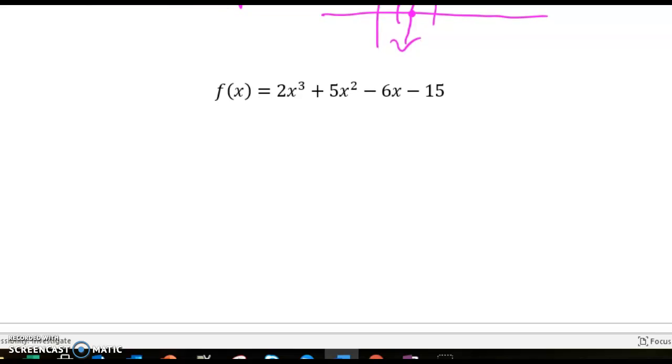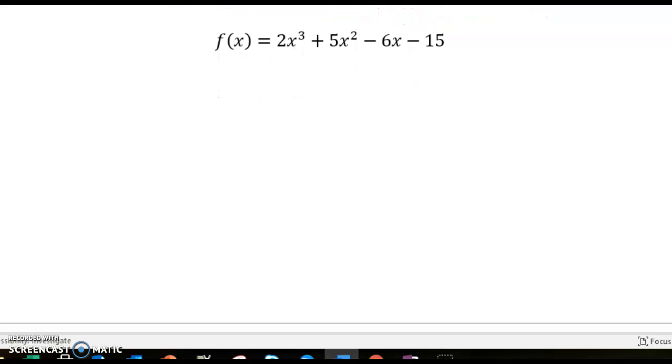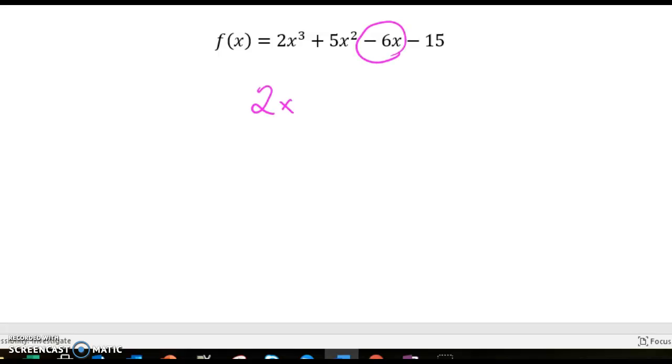There's one more factor by grouping problem that I wanted to show you, and it's when your third term is negative. When your third term is negative, you want to rewrite it with plus a negative 6x minus 15.